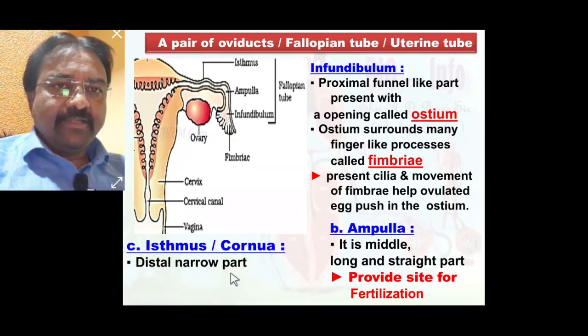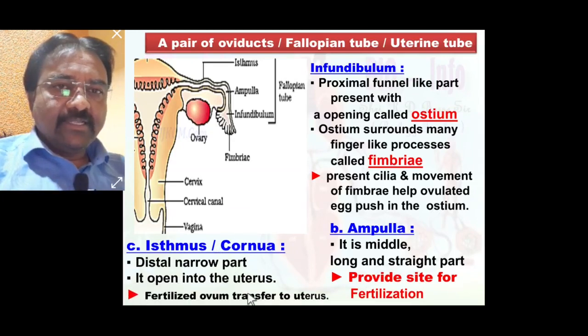The distal narrow part opens into the uterus, and its function is to transfer the fertilized ovum to the uterus. Fertilization takes place in the ampulla, and after fertilization, the fertilized ovum is transferred from the ampulla into the uterus through the isthmus.